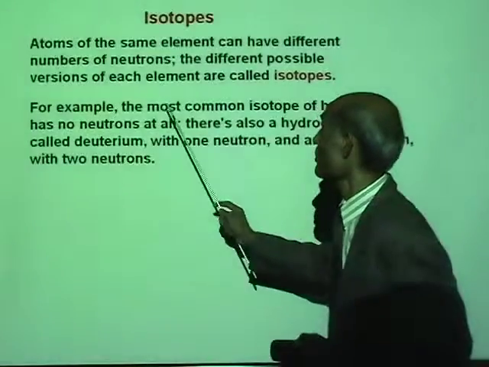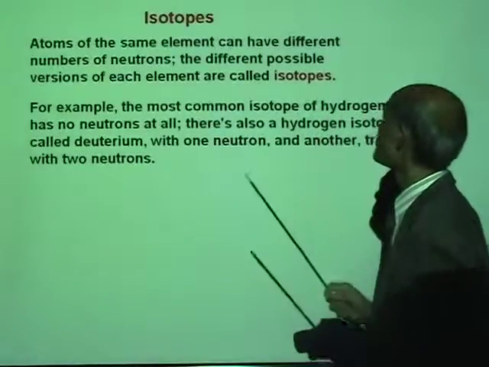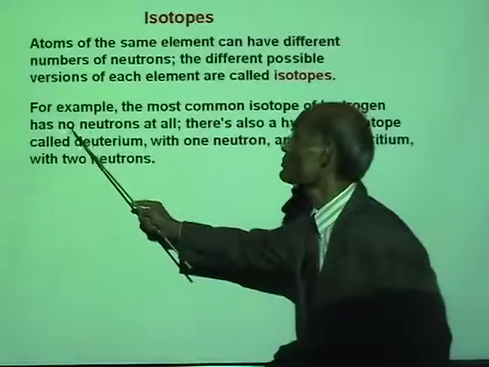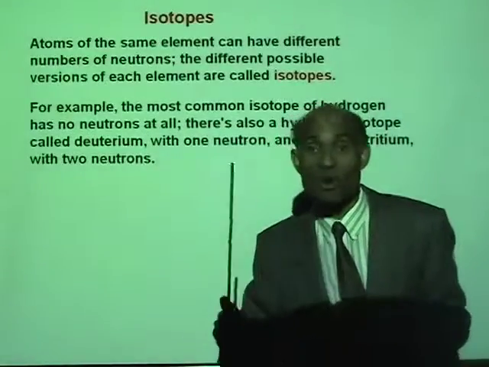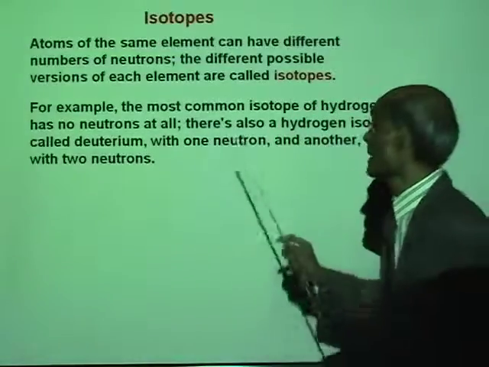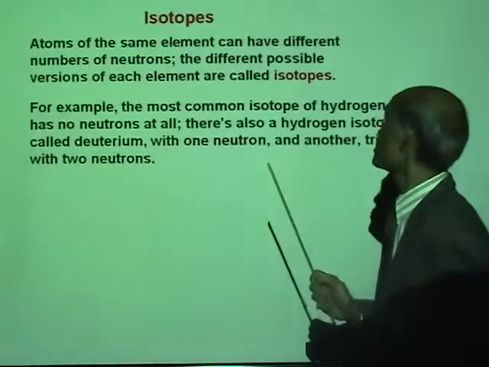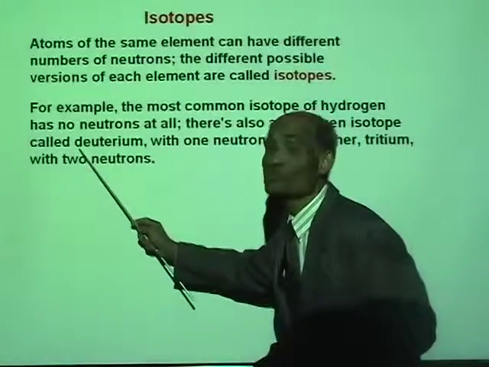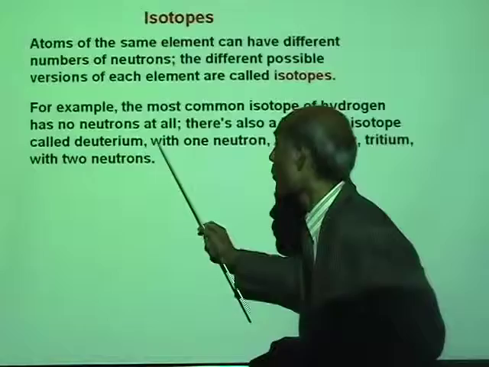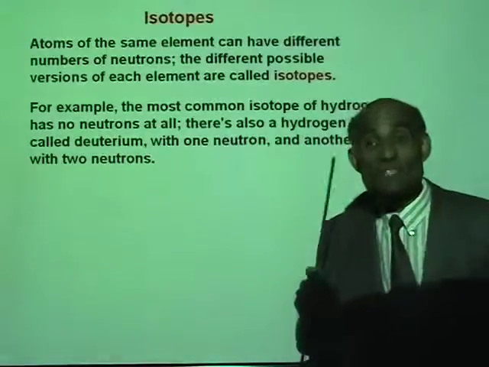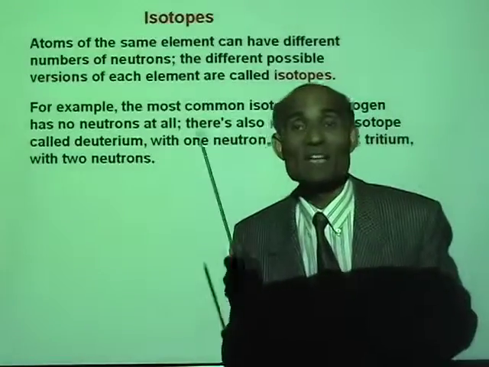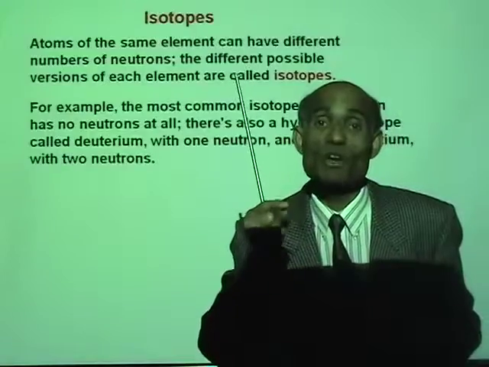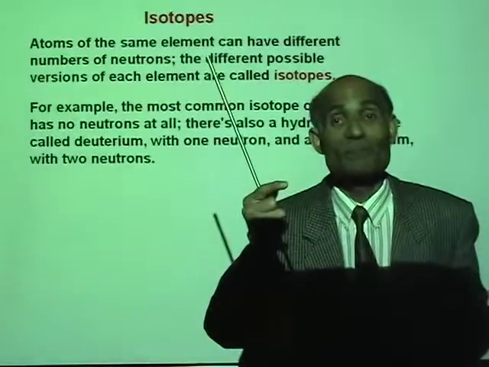Now, for example, the most common isotope of hydrogen has no neutrons at all. We talked about it. There is also a hydrogen isotope called deuterium with one neutron. There is a form of hydrogen that contains one proton and one neutron.